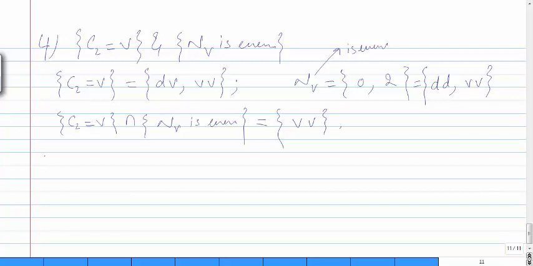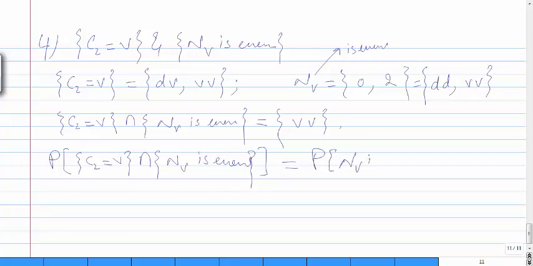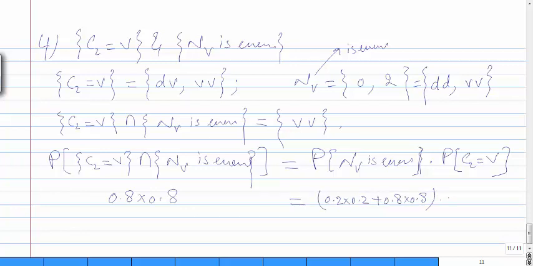Now to write the probability, we have to check whether the probability of C2 equal to V intersection NV even equals the probability of NV even times the probability of C2 equal to V. The left side becomes 0.8 times 0.8, and the right side is the probability of even, which is 0.2 times 0.2 plus 0.8 times 0.8, times 0.8 times 0.8.